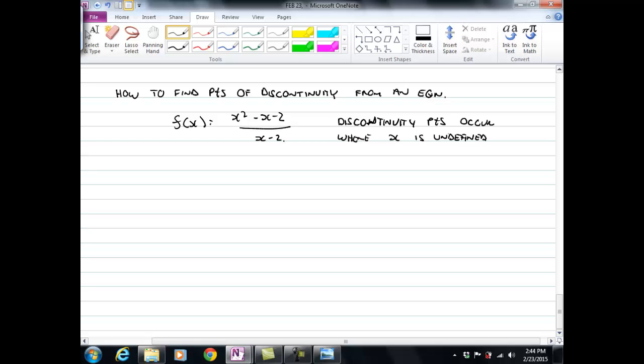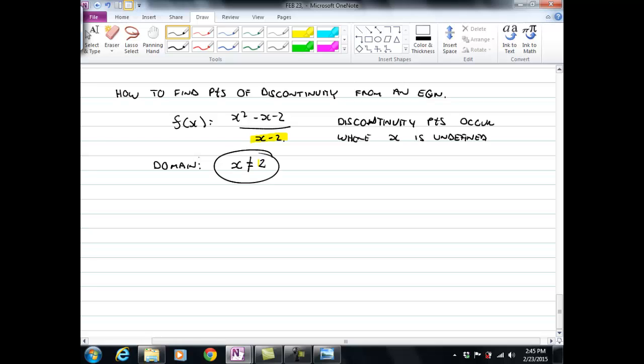By simple logic, because rule 1 says f must exist. If I can find points where it doesn't exist or is undefined, what I'm really looking for is my domain. Domain means the set of all possible values. In this case, x cannot equal one simple number. In all fractions, doesn't matter what you have, the denominator can never equal 0. So in this case, the answer is x cannot equal 2.